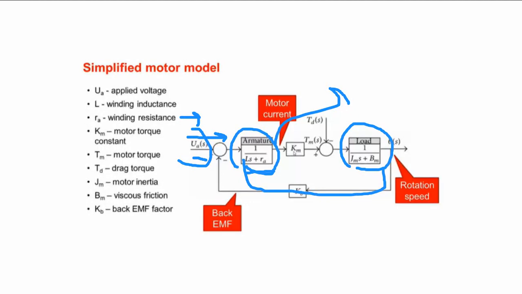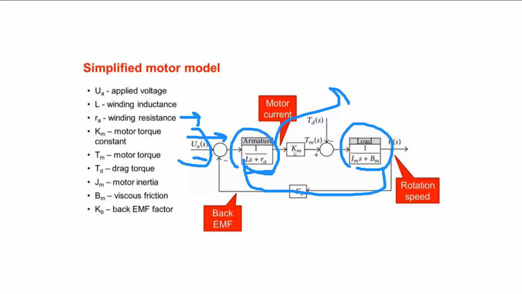Another high resolution position sensor is the optical absolute encoder. Actually, resolver is very high price. For example, $5,000. Absolute encoder, $1,000. For example, absolute encoder gives us absolute position of the motor, but its resolution is smaller than the resolver.